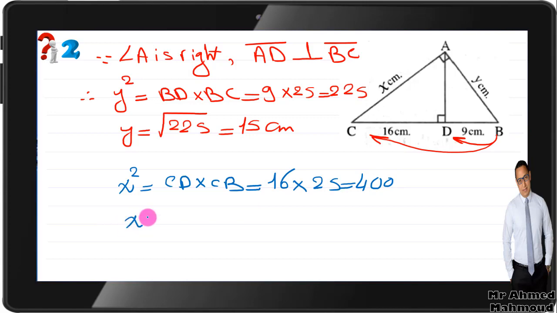So x equals square root of 400, which equals 20 centimeters. Okay, now let's remember some things about the circle as we studied in the third prep.